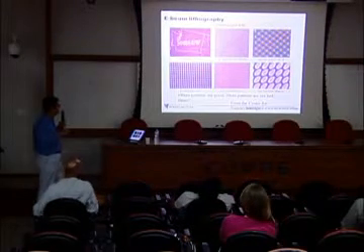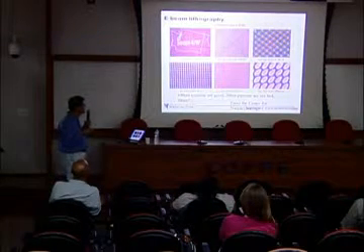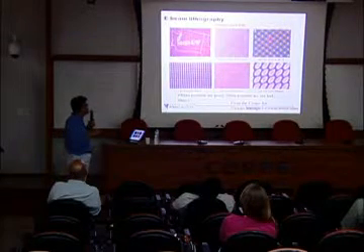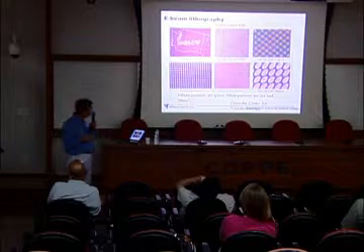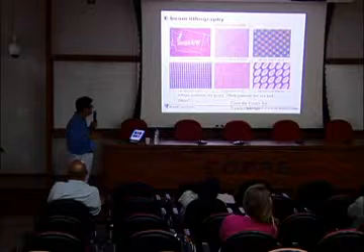Okay, so we can pattern the polymer surface like that, or those polymer patterns can be transferred onto a metal layer. And this is a 250 nanometer gold ellipse. It's easy to make, but if you see the width, it's less than 1 micron, right?